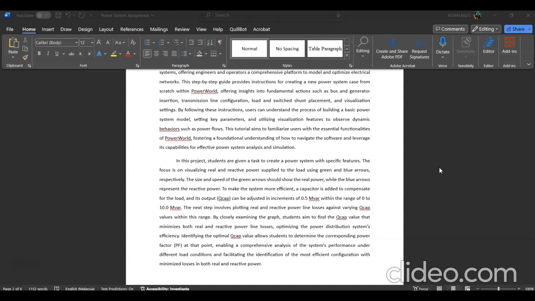The size and speed of the green arrow should show the real power, while the blue arrow represents the reactive power. To make the system more efficient, a capacitor is added to compensate for the load, and its output, Q cap, can be adjusted in increments of 0.5 MVAR within the range of 0 to 10 MVAR.